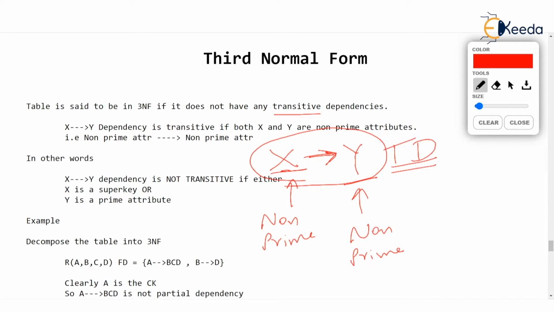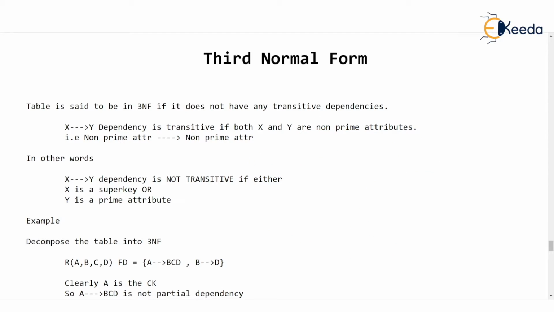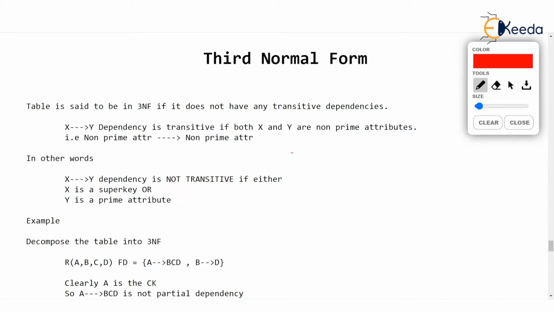You can say in other words, when is a dependency not a transitive dependency? Just check this. X determines Y is a dependency, and let's say this is not a transitive dependency. When will it not be transitive? If the left hand side is a super key.